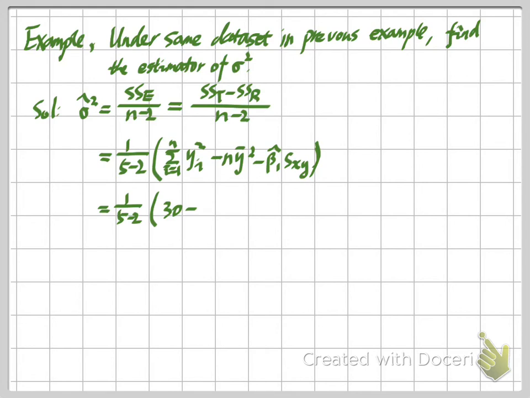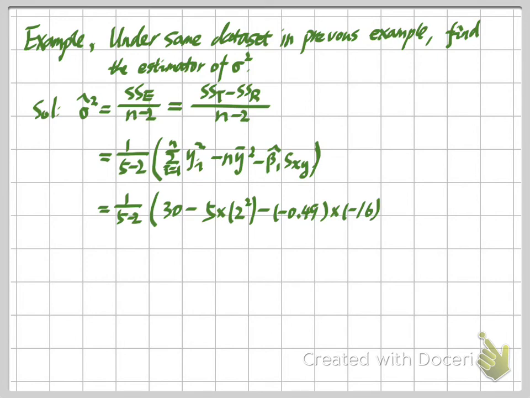If you want, you can go back to the previous video about this table. We have the first term equal to 30, and the second term becomes 5 times the square of 2, minus the value of beta 1 hat, which is negative 0.49, times S sub xy, which is negative 16.